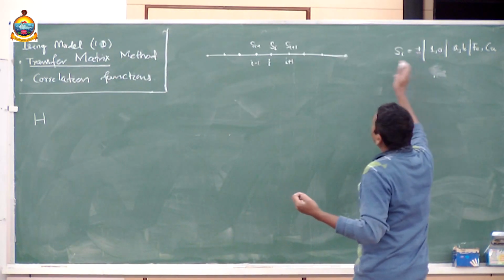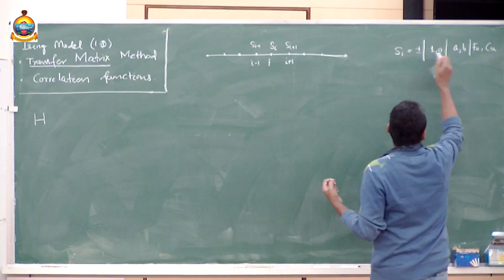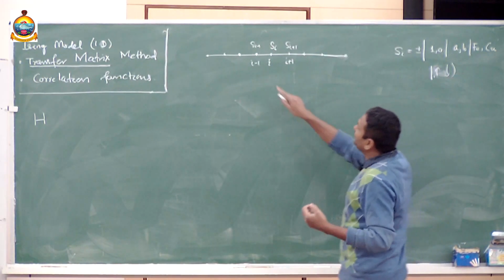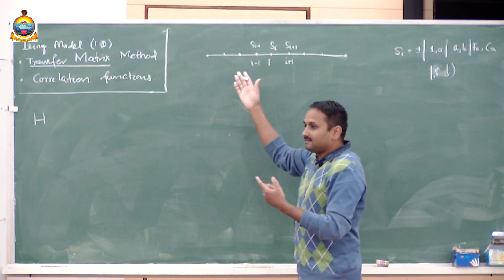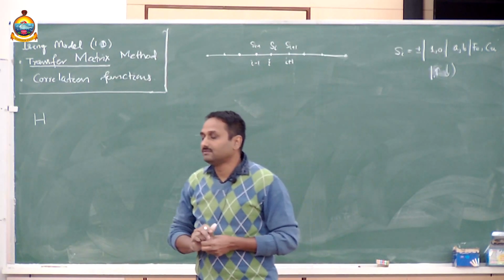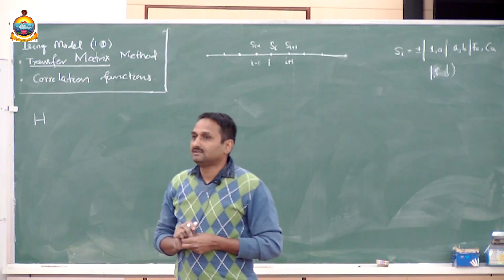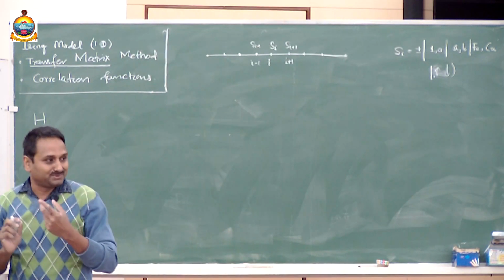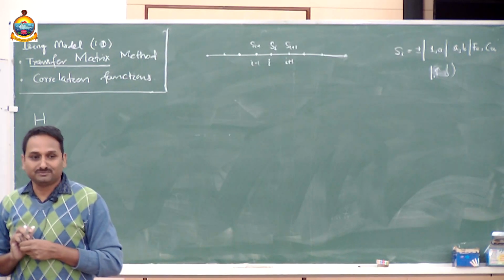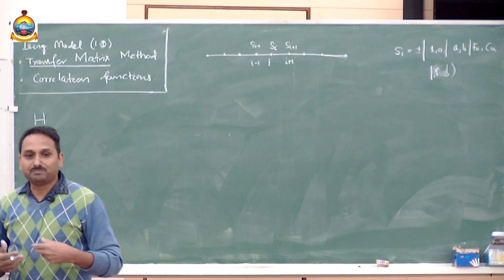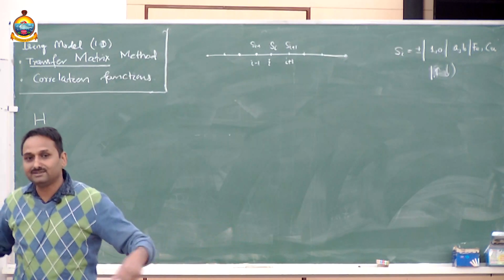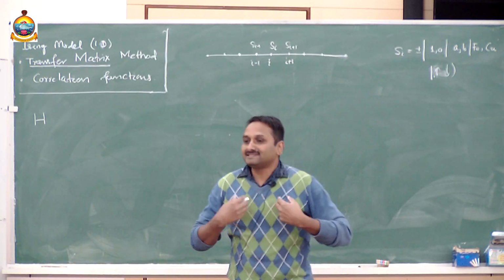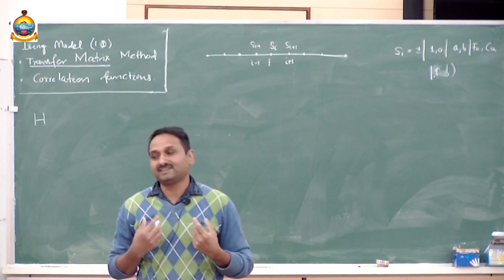If you call it plus and minus, or up and down. Two-level system means each site has two values. Or you can call it people standing with colored shirts, so at each site you can have a person standing here. Each person has a yellow shirt or a red shirt.